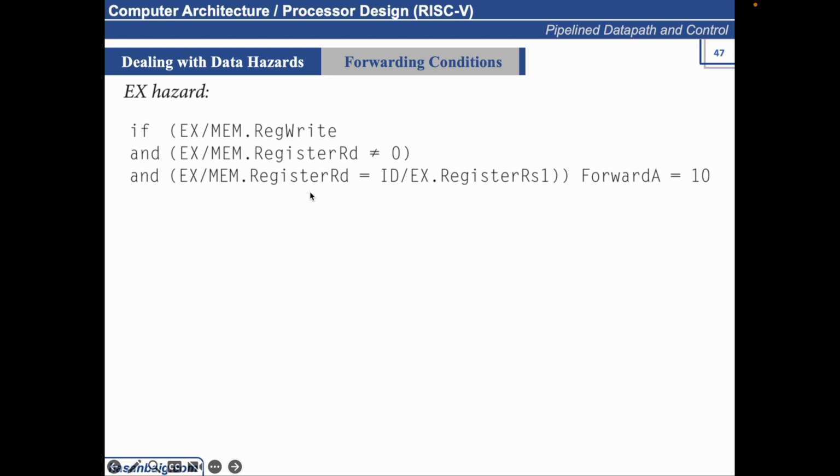And then there is the same condition we studied in the previous slide: if the register RD in the execution and mem pipeline register is equivalent to register RS1 in the IDX pipeline register, then we have to forward the data from the xmem phase, which is binary 10, corresponding to 2.